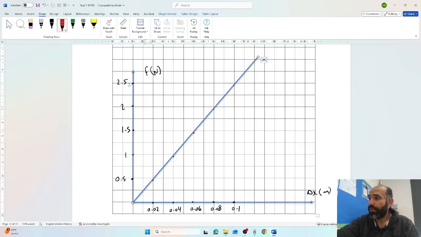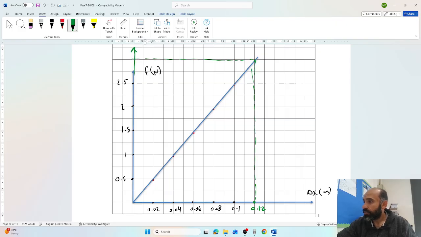For example, if I'm asking you what will be the force or the weight which will cause the extension of the spring by 12 centimeter. 12 centimeter is here, which is just 0.12. So you will go to this point, then you will move to this side. So I think it will be very close to 3, just a little bit under it.